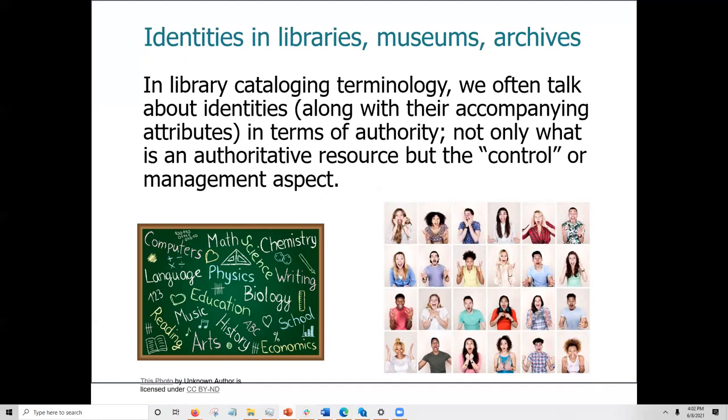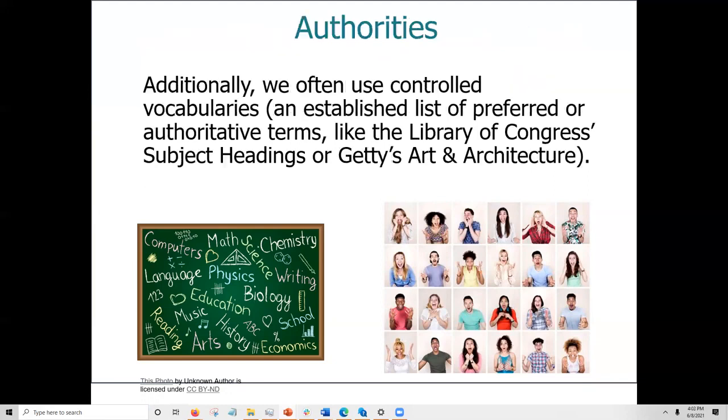So when you hear catalogers say authorities or authority control, they're really talking about what is the authoritative resource, but also that control or management of it. And we're going to talk a little bit more about this as we go along. But cataloging has actually been working with identity metadata management for a very, very long time now.